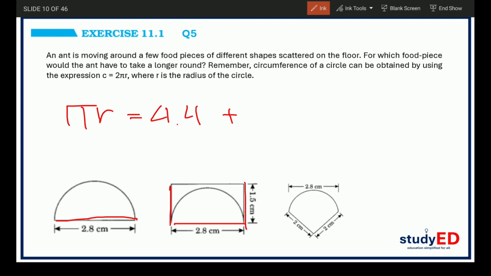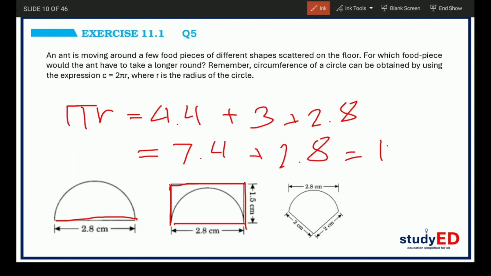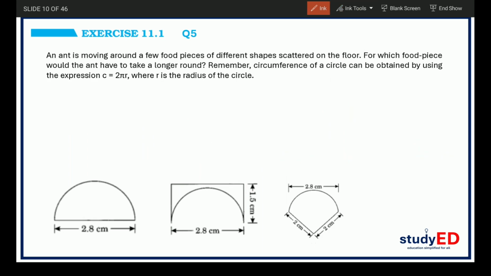So 1.5 into 2 is 3 plus this length over here plus 2.8. So if we simplify it, 7.4 plus 2.8, we now get 10.2 as our final answer. So now circumference of figure B is going to be 10.2. The first one was 7.2.